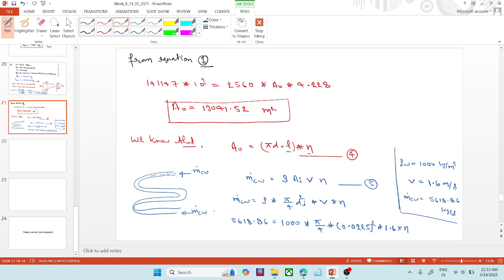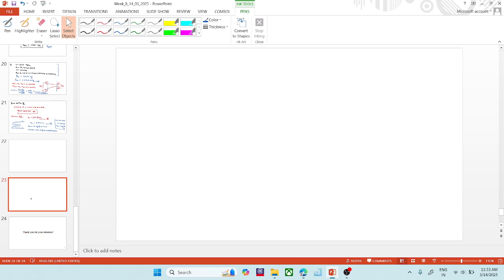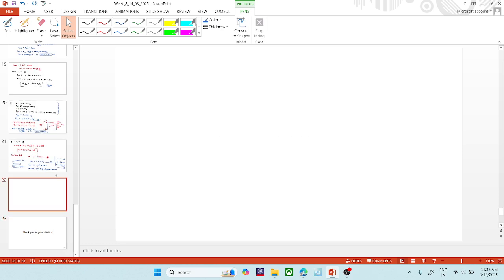When we simplify this expression, the value of n we get is 8832.5. So this can't be fractional.